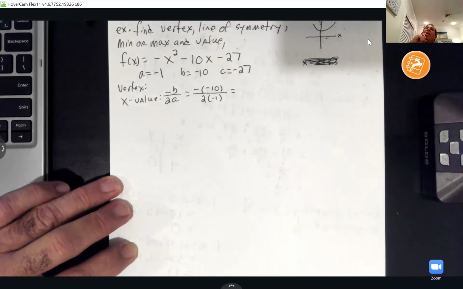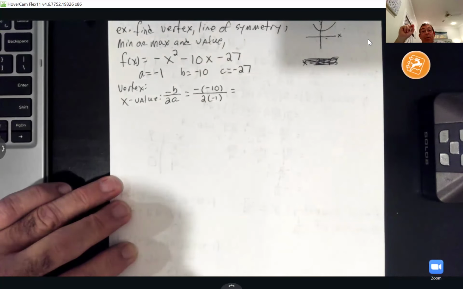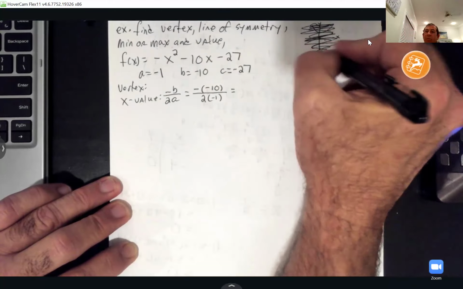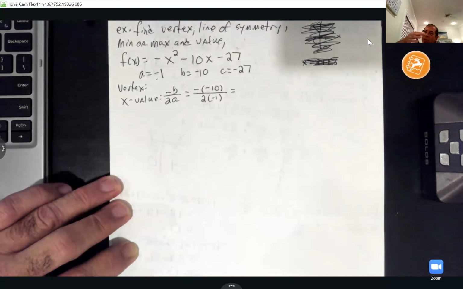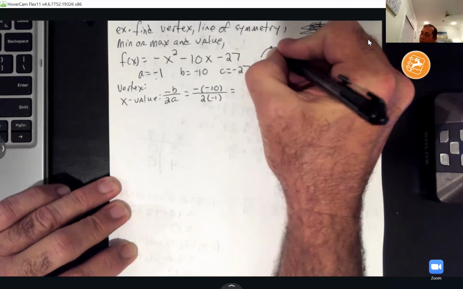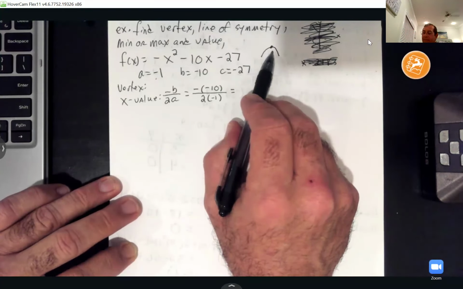Now, before I go further, I want to know, will I have a minimum or maximum on this? Now, that's not the picture for this graph. I was just showing y'all something a while ago. But this A is negative, which is flipping the graph over. And I'm now going to have a maximum value on this one, okay?